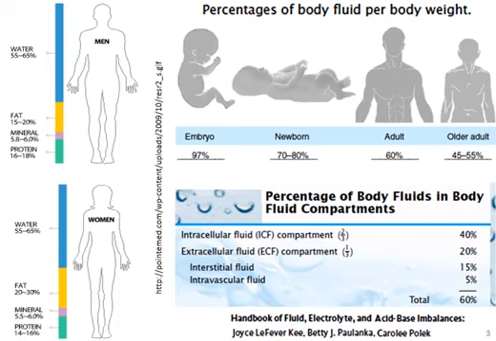For instance, in men, the ratio of water, fat, and protein is different from women, because in women the proportion of fat, which plays a role as a supportive and endocrine organ, is more important than in men.